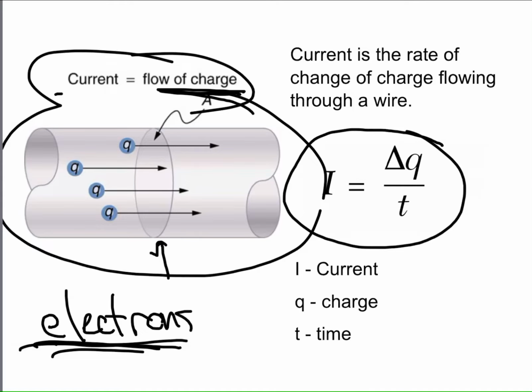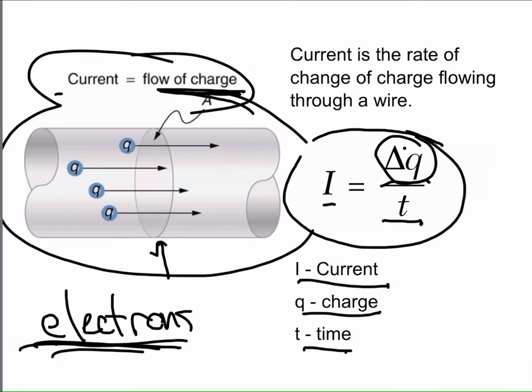Now, it's kind of weird that they use the letter I, and there's a historical reason for it. It comes from something known as impedance, which we're not going to really talk about. But just know that I represents current, Q represents charge, so delta Q is the change in charge. It's the total amount of charge that goes by in that amount of time.